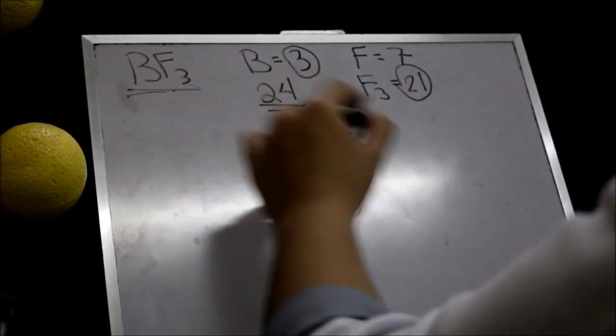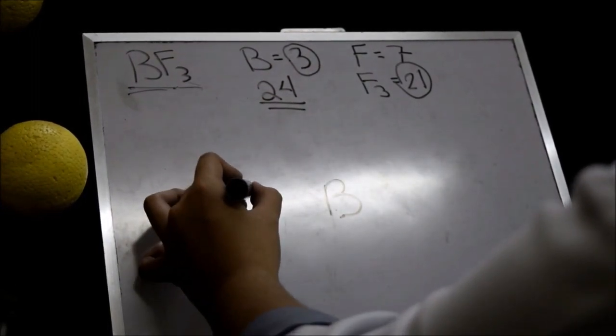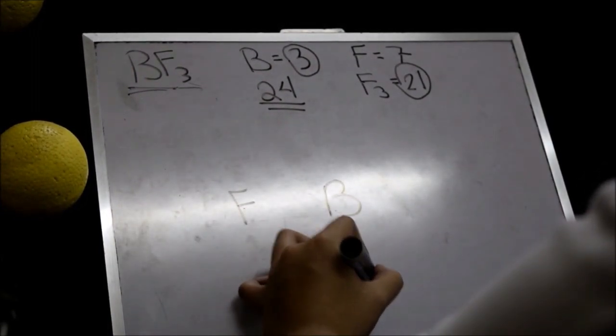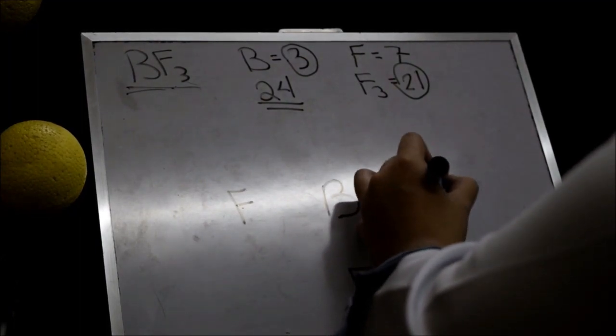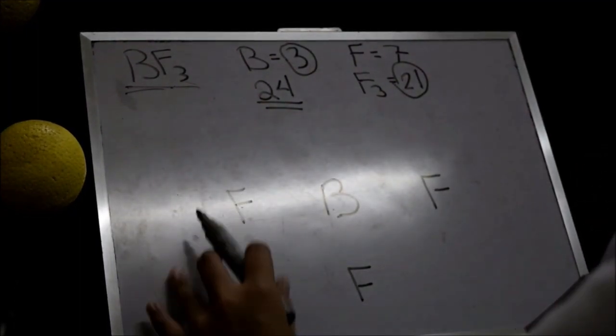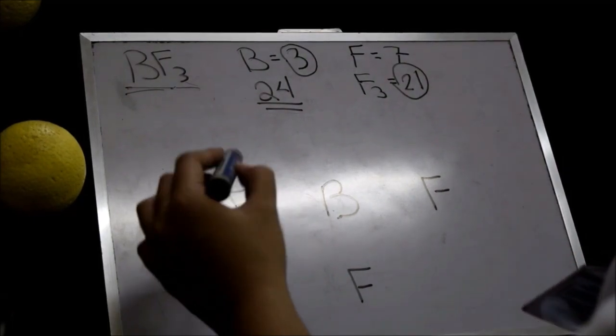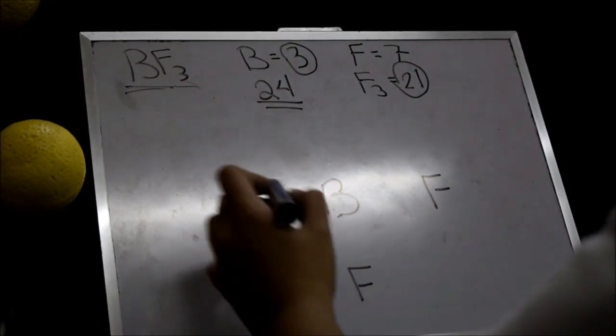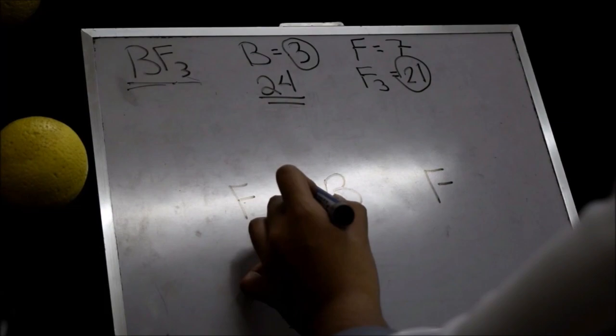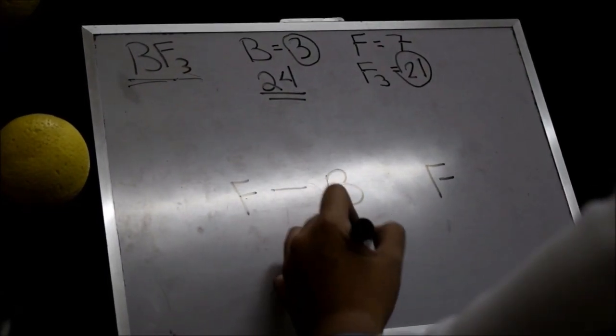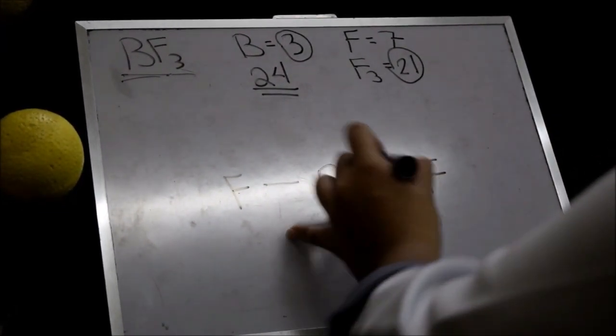Since there are 3 fluorine atoms, we will distribute them all around boron, the central atom. We will create a bond between each fluorine atom and the lone boron atom.